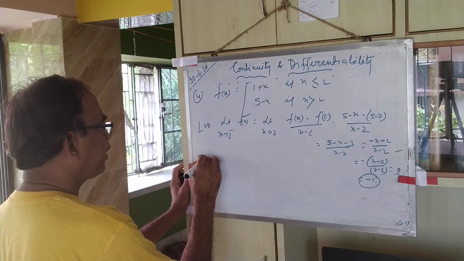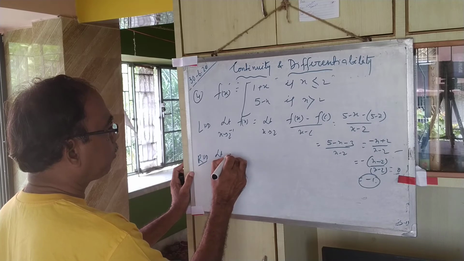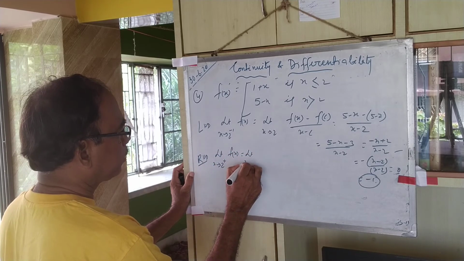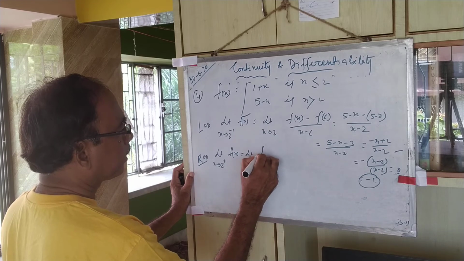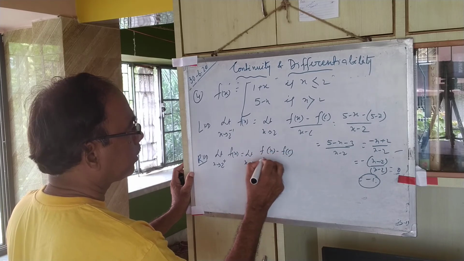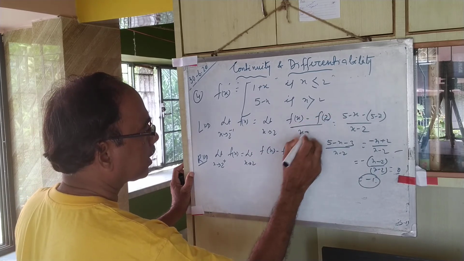Similarly, right hand derivative, limit x tends to 2 to the power positive, f(x) minus f(2) over x minus 2.